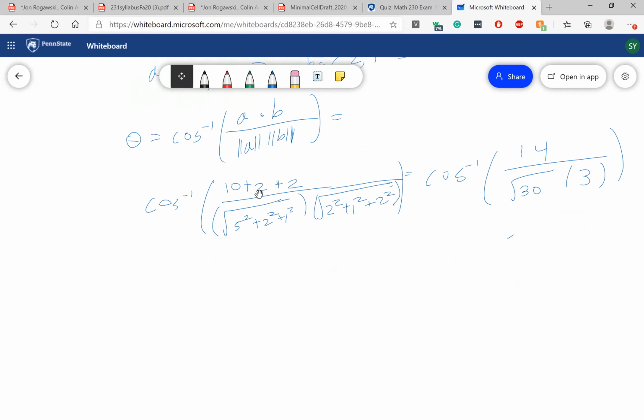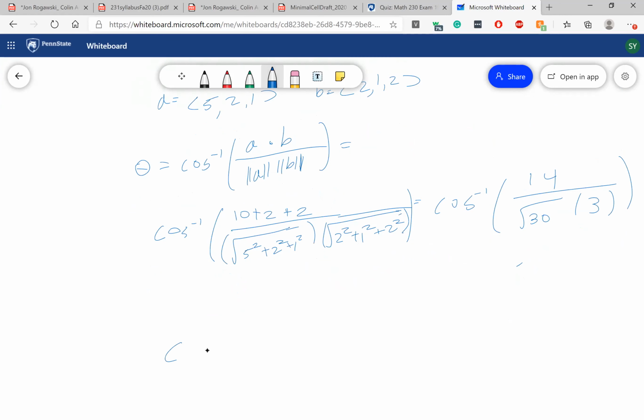Okay, so let's do that. So the vector C is equal to the determinant of i, j, k, 5, 2, 1, 2, 1, 2.